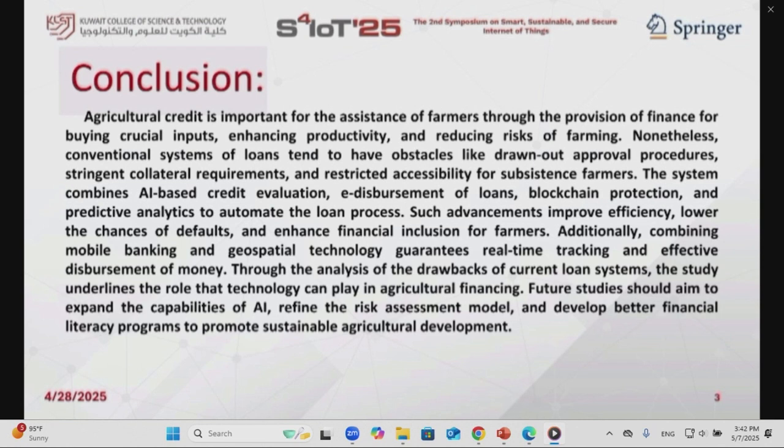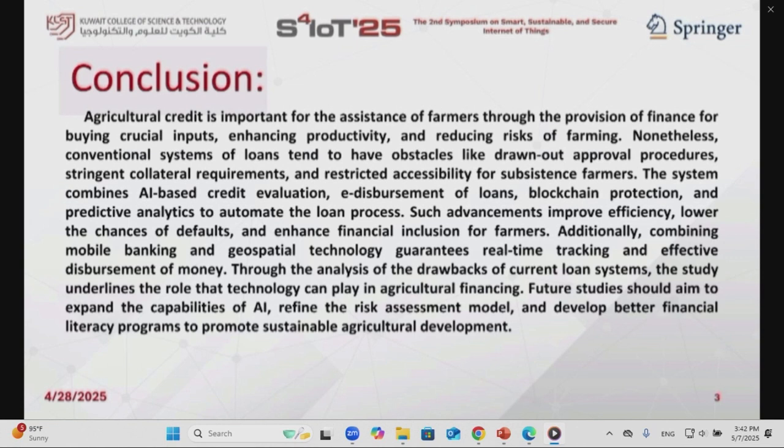Improving efficiency lowers the chances of defaults and enhances financial inclusion for farmers. So, our working model is enhancing the farmers' yield and also the loan predictability. The study underlines the role that technology can play in agriculture financing.